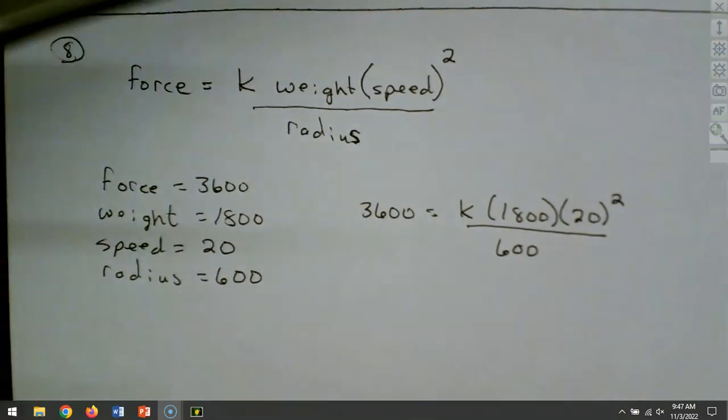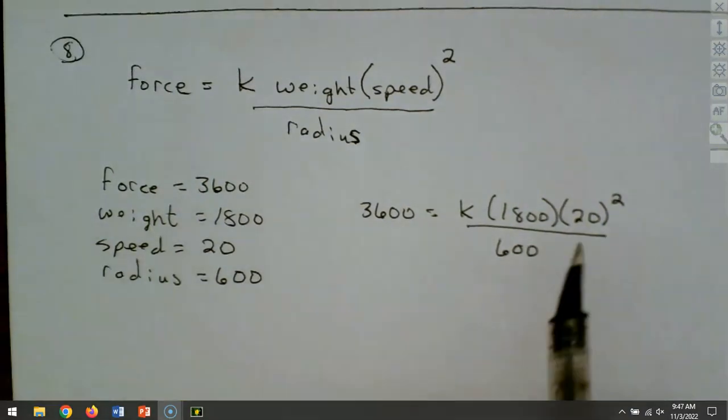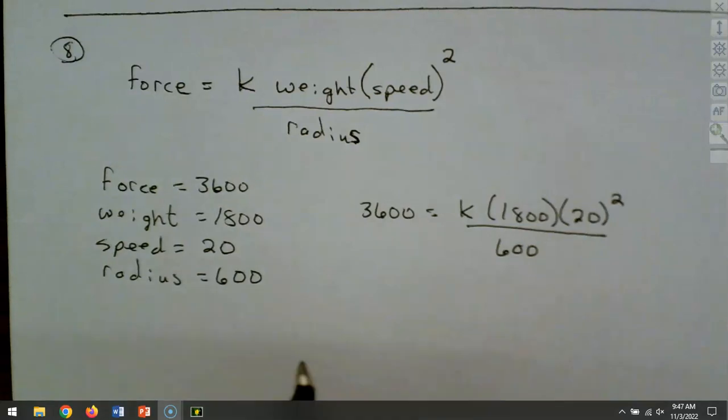Now we're going to work this out. Let's break up the numerator. We've got 20 squared, which is 400. We're going to multiply that by the 1,800. And that gives you this.